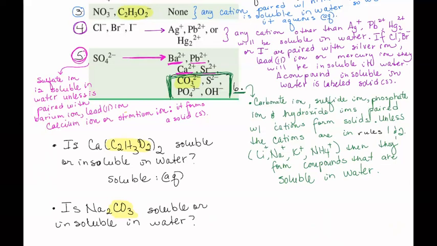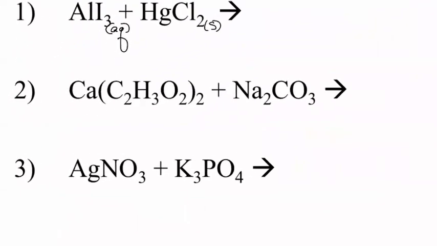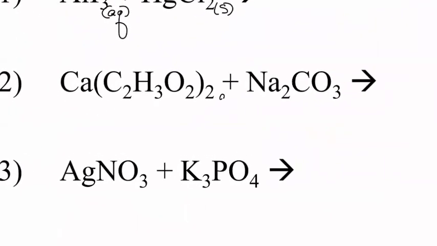I agree with Isaiah. This is soluble. So since it's soluble, what's going to be the label it has? Great, aqueous. Okay. Now, if we have two things that are aqueous, we're going to break them into ions.